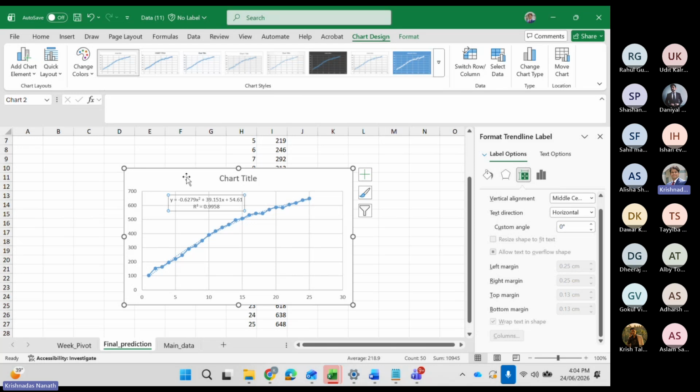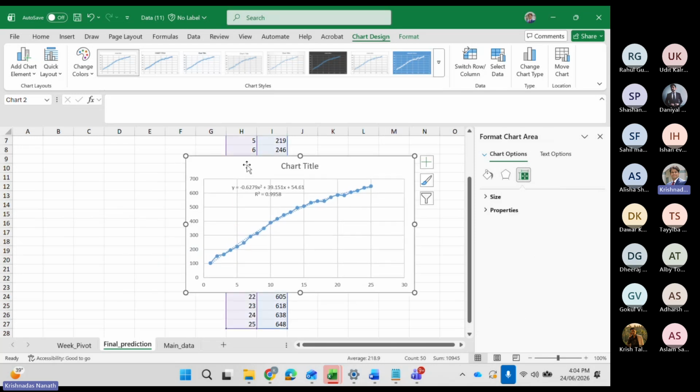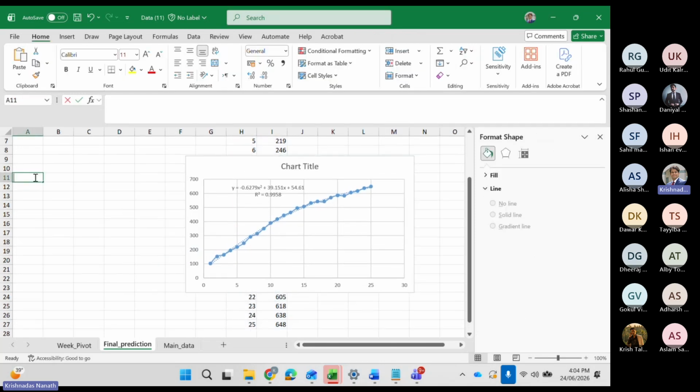What was the number for which we are calculating? 26, right? So I'll put 26 here and I can zoom in a bit.